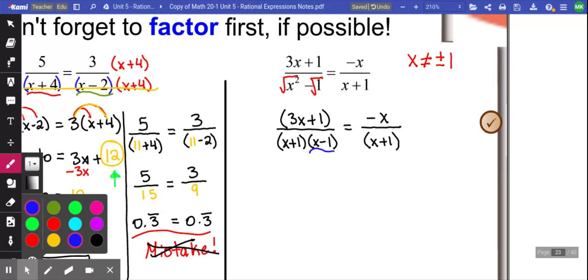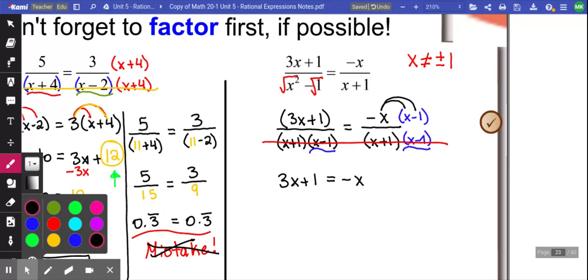I need to get a common denominator. This one's missing an x minus 1, so I multiply the top and the bottom by x minus 1. My denominators are now the same, so I can cross them out, and I have 3x plus 1 equals, I'm going to multiply this negative x into the brackets to become negative x squared plus x.